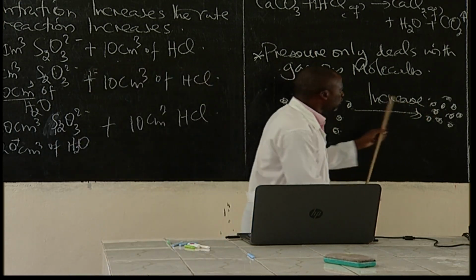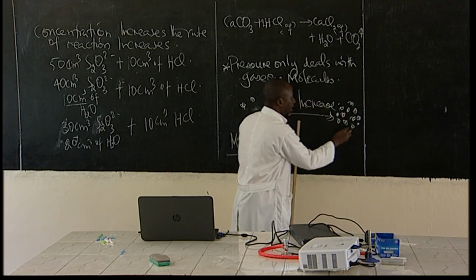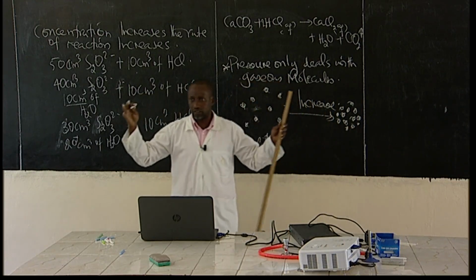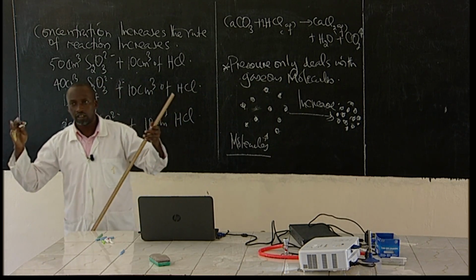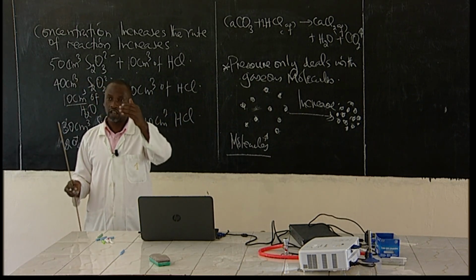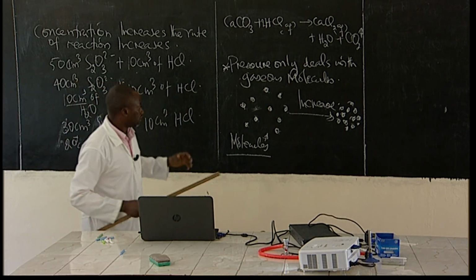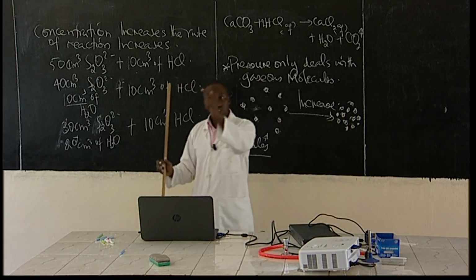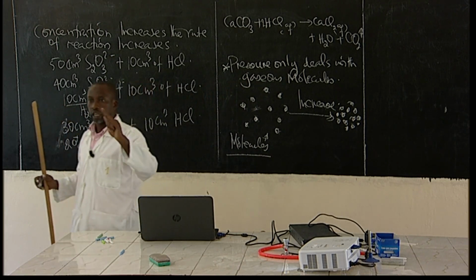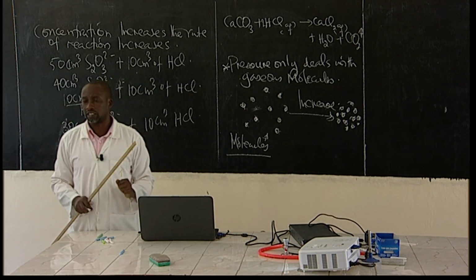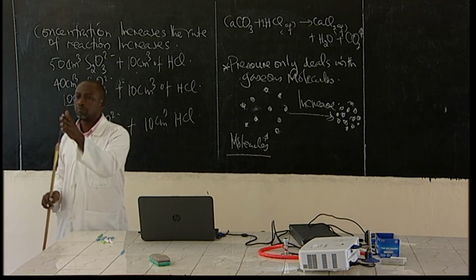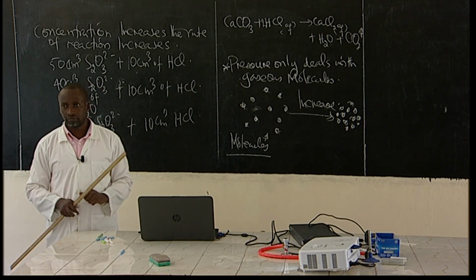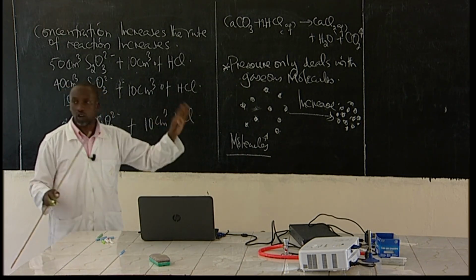But for these ones which are very close to each other, the chances are increased. Meaning that when you increase the pressure, you increase the chances of collision, and that is successful collisions. That means the reaction takes place faster. This is similar to concentration.